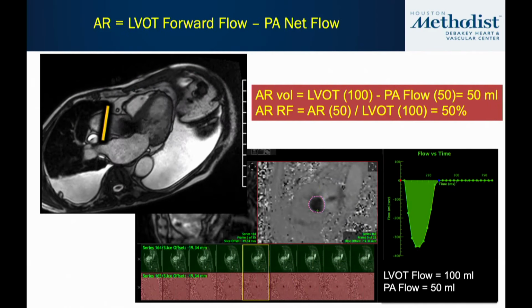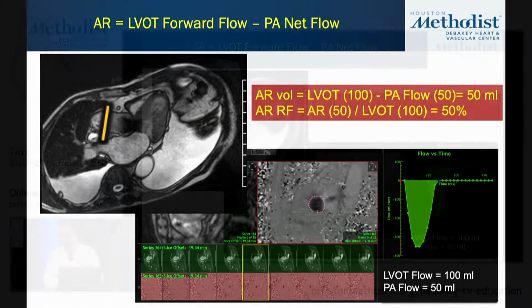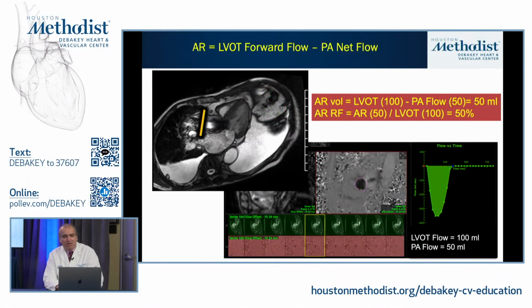A secondary method is to place that phase contrast CMR imaging plane a little bit lower, in the left ventricular outflow tract proximal to the prosthesis. From this, we derive the forward flow in the left ventricular outflow tract and compare that to the net pulmonary artery or systemic flow to determine the regurgitation.